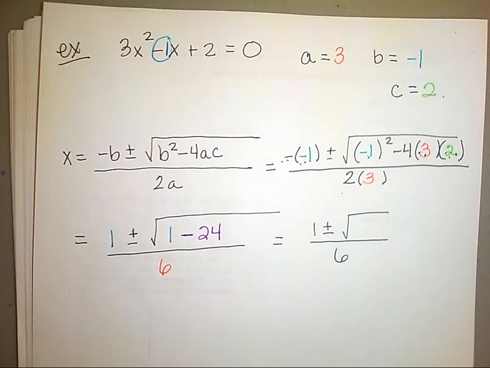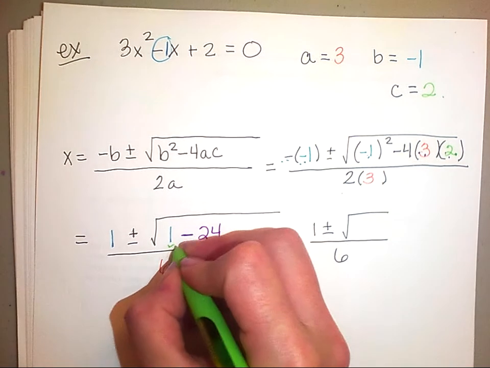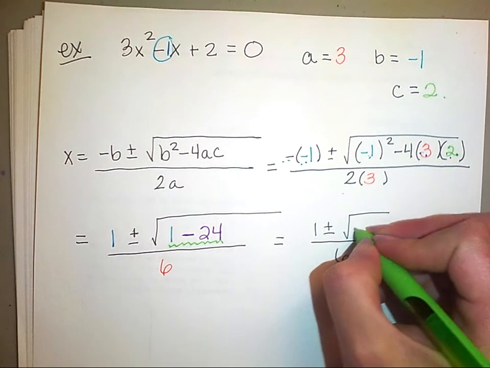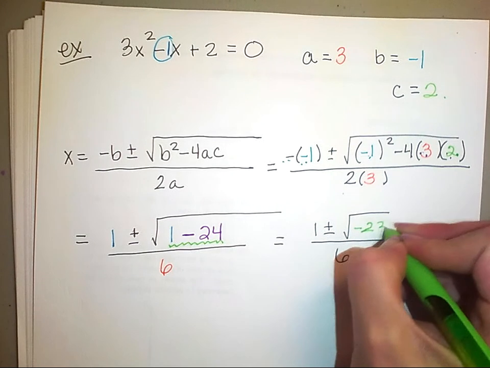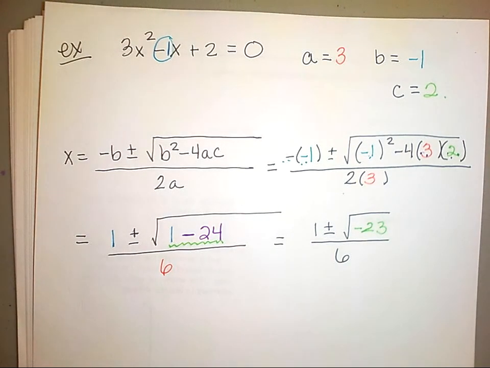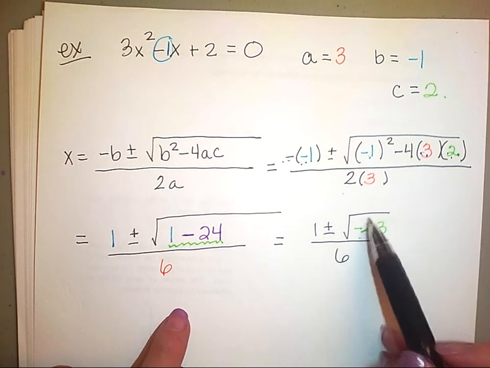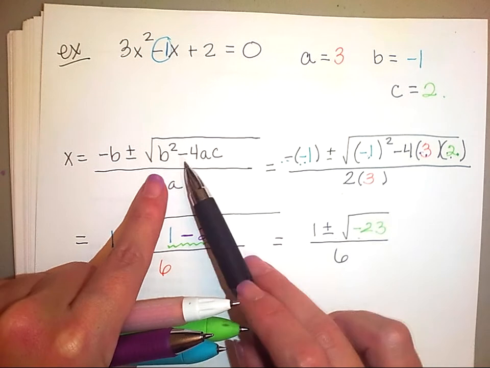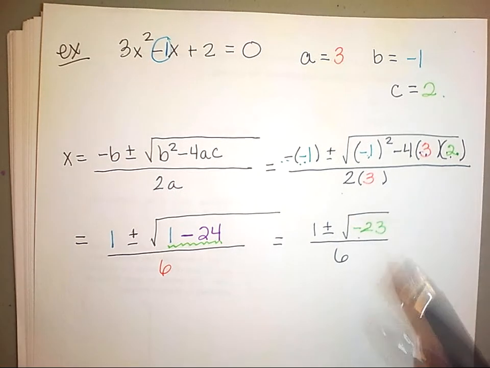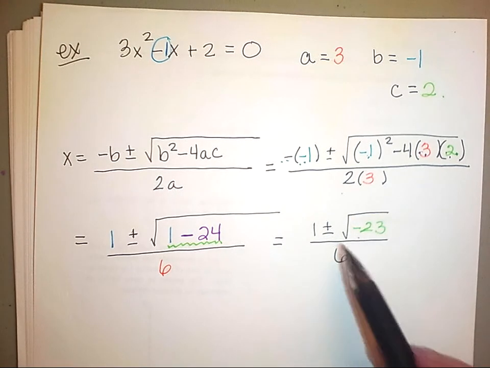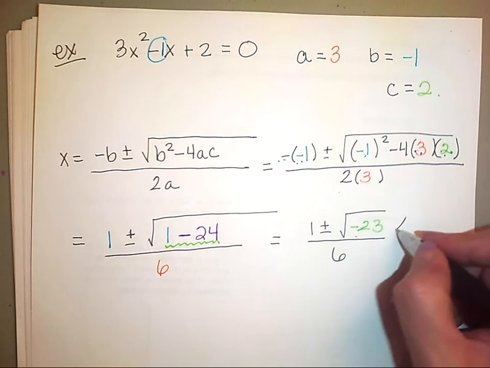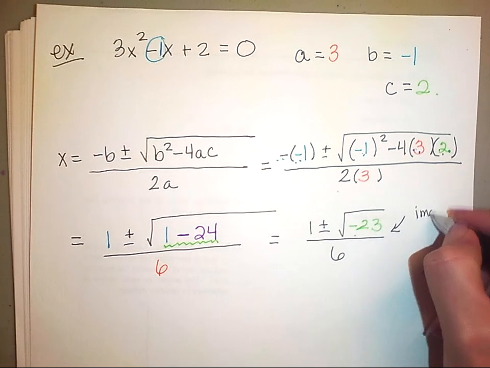And here's what happens under the radical then. 1 minus 24 is negative 23. Now notice, underneath the radical this became negative. That is, the discriminant, b squared minus 4ac, was negative. So when we have this, we still have two different answers, but this forces it to become imaginary.